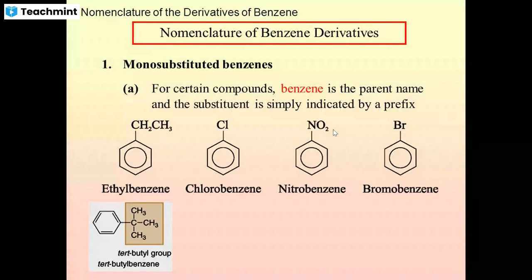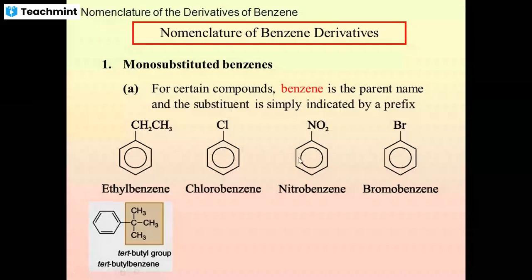So that's why we can use that name as a prefix while naming this aromatic compound, monosubstituted benzene.